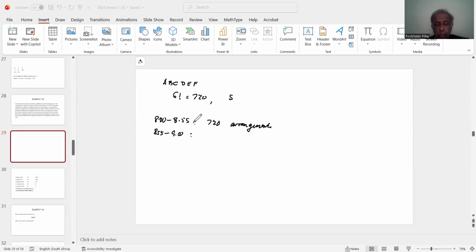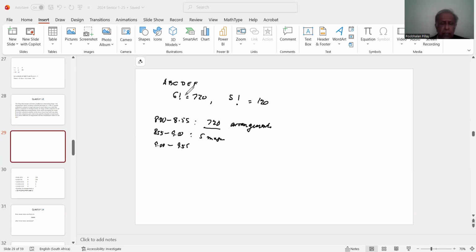And so from 9 to 9:55, he had 5 mugs. So now he has to arrange 5 objects, and that is 5 factorial, which is actually 120.